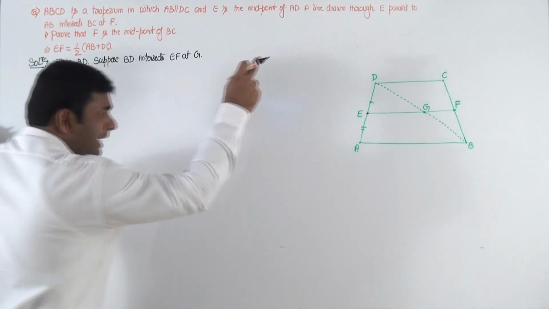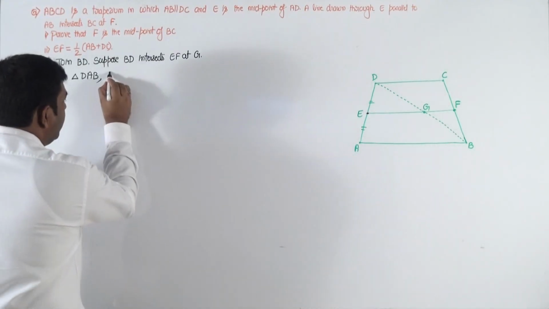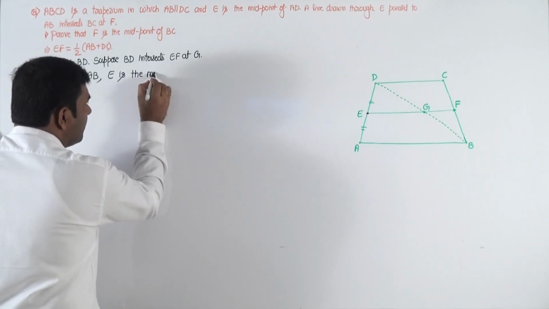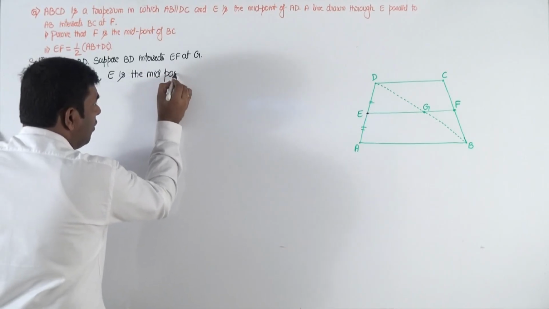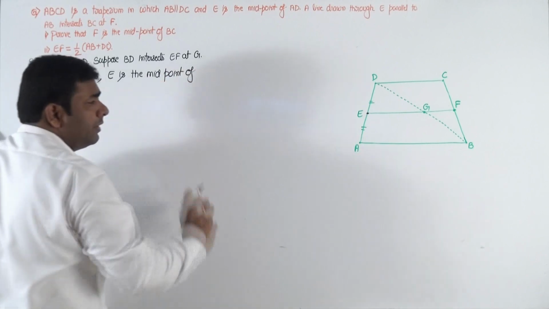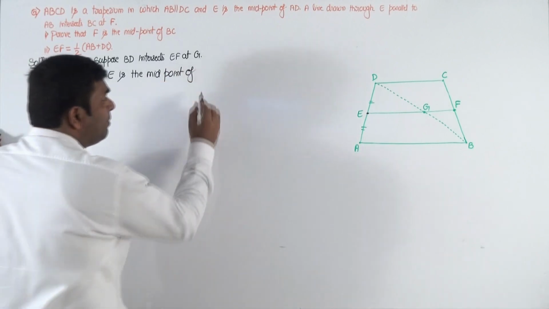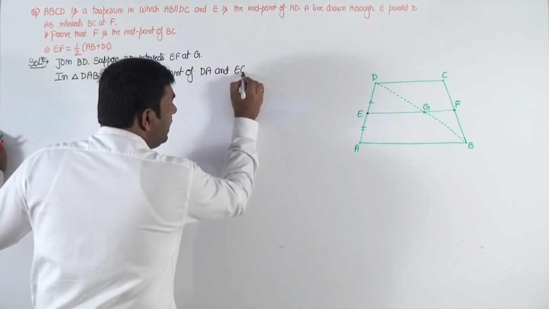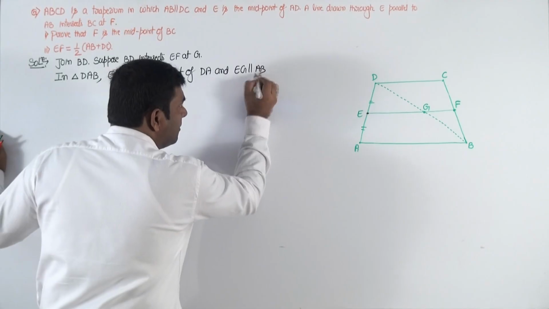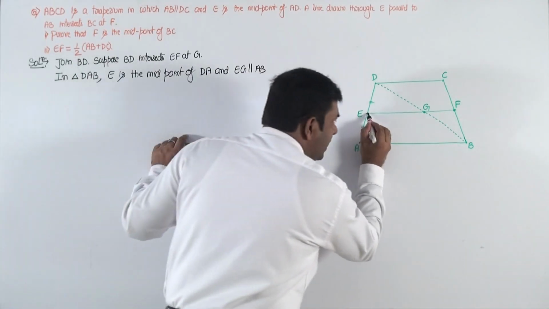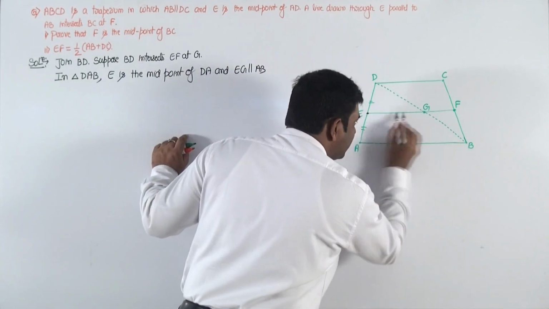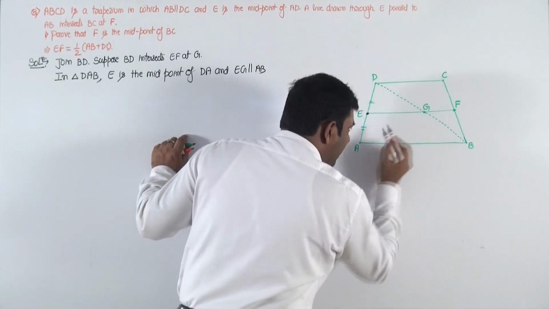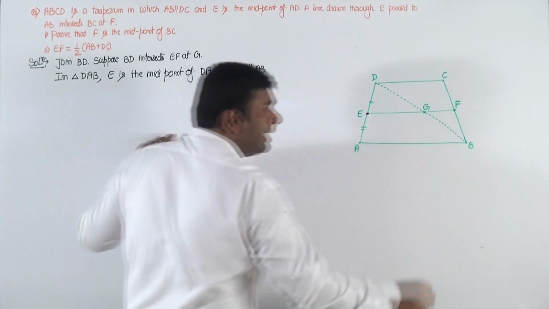In triangle DAB, E किसका midpoint है? E is the midpoint of DA, and EG is parallel to AB. ये इसके parallel में है. A line drawn through the midpoint of one side, parallel to the other side, bisects the third side.